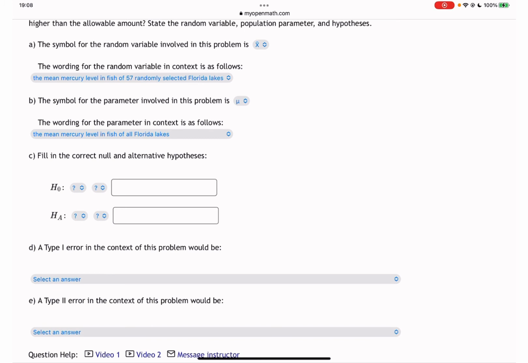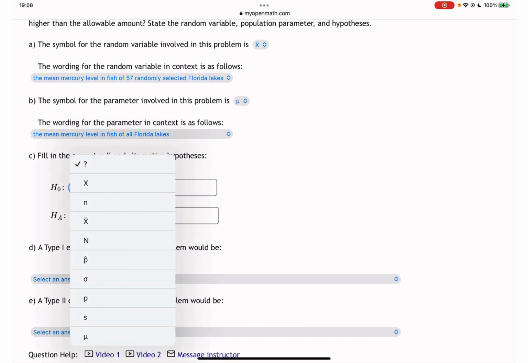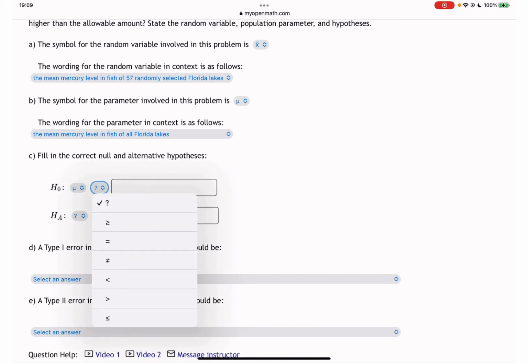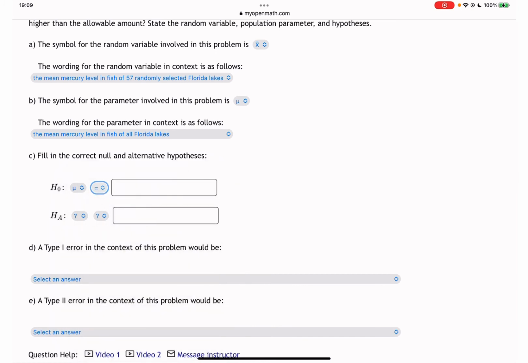It's going to be our mu, because it's the average level of mercury. We always test the parameter of the population, and it's going to be either less or equal, or equal. Hypothesis tests usually test equal, but we could put less or equal also.